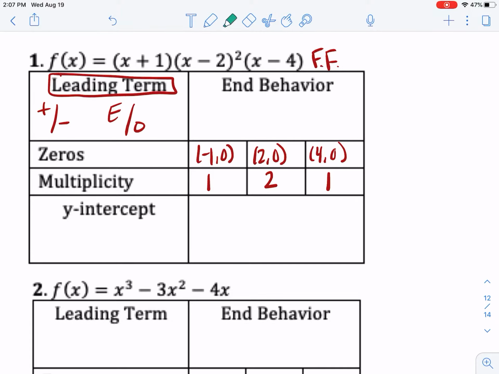I did tell you, you're going to find out if it's positive or negative if it's in factored form by asking, is there a negative sign there? There isn't, so I know it's positive. I now need to determine if it's even or odd. That comes from summing up your multiplicities. This is something we didn't really talk about, but you should know that your degree is the sum of your multiplicities.